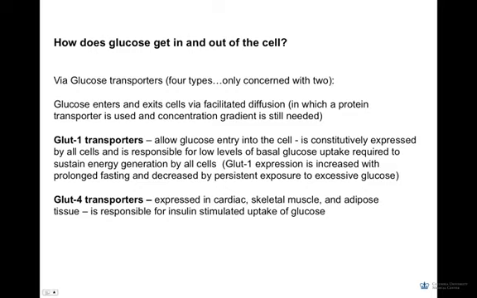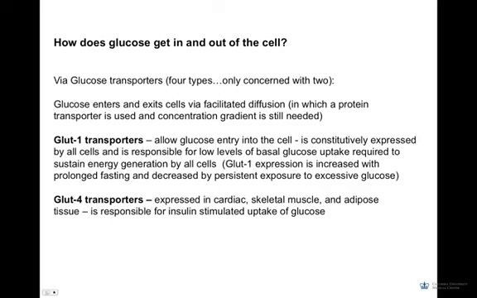And these GLUT1 transporters are found in low concentrations, or low density, on the membrane. And they are responsible for allowing a low level of just baseline glucose uptake that is required to sustain basic energy levels by all cells.